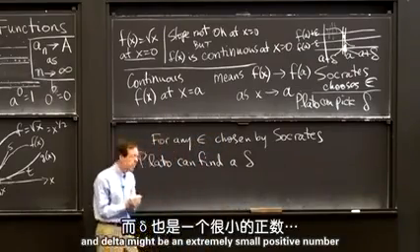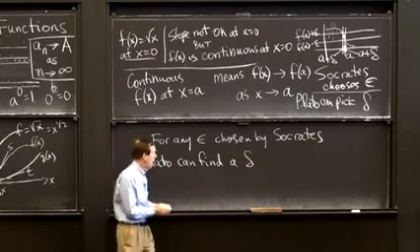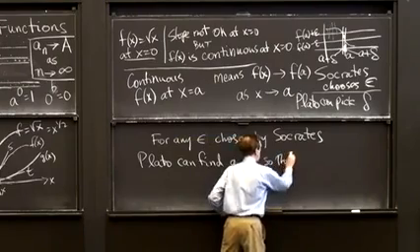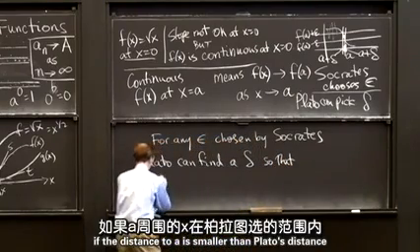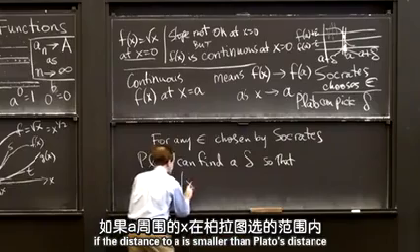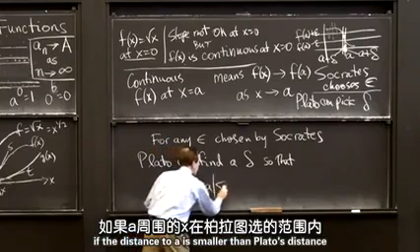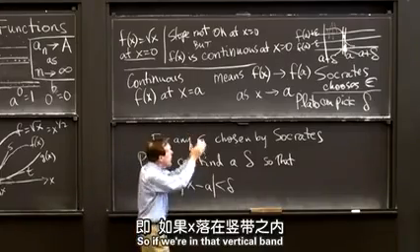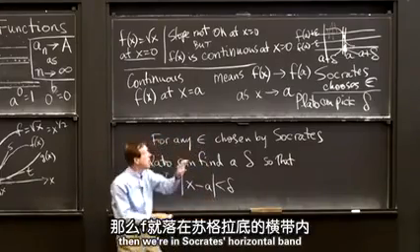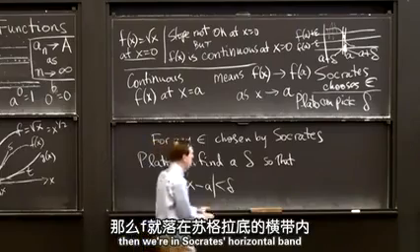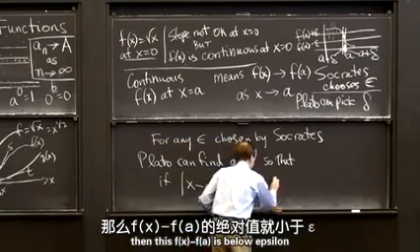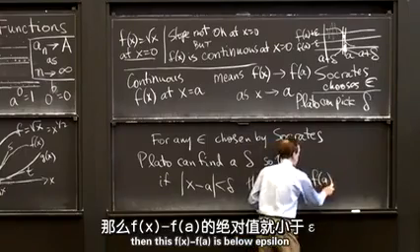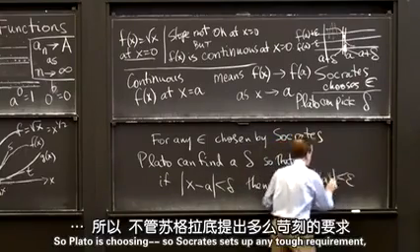Delta might be an extremely small positive number. So that if the distance to A is smaller than Plato's distance, so if we're in that vertical band, then we're in Socrates' horizontal band. Then this f of x minus f of a is below epsilon.